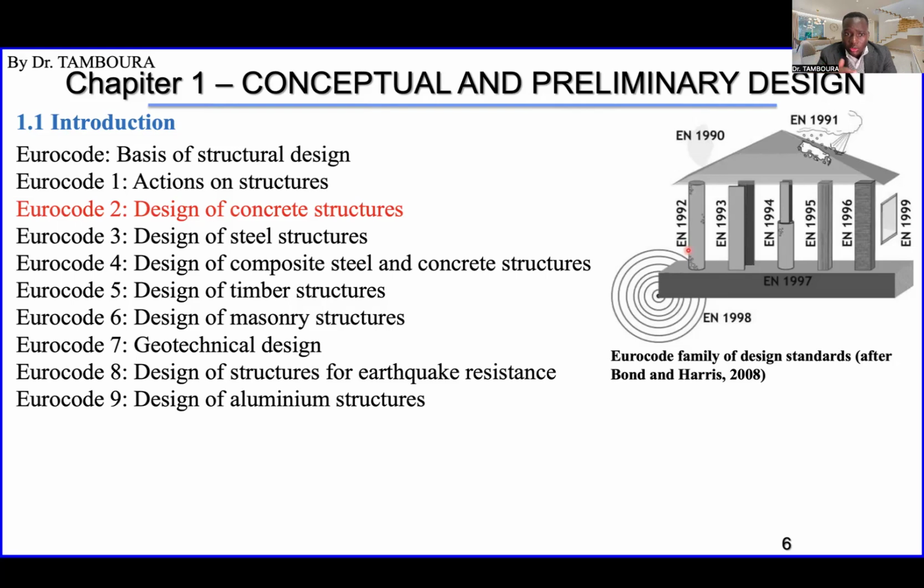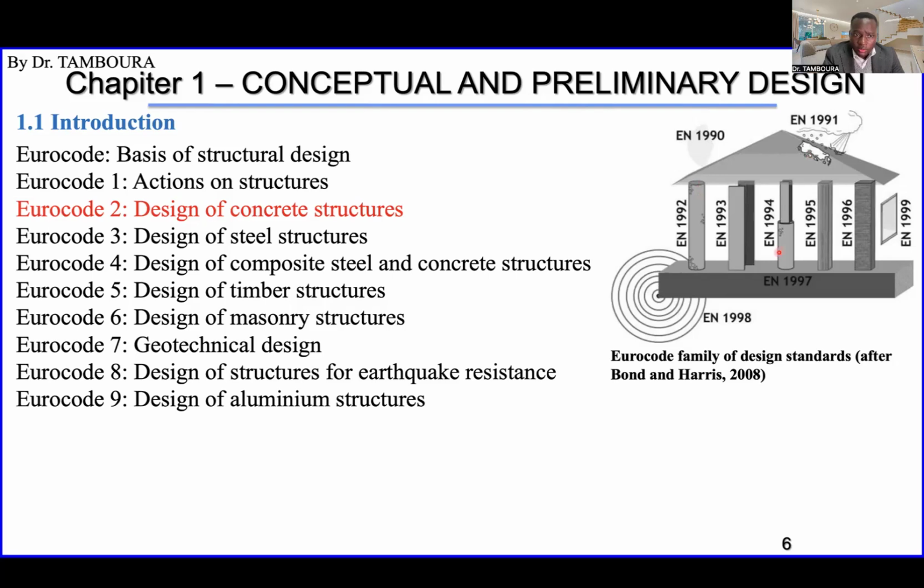And Eurocode 3 is about the design of steel structure. Eurocode 4 is design of composite steel and concrete structure. When these two are combined, how the design should go.